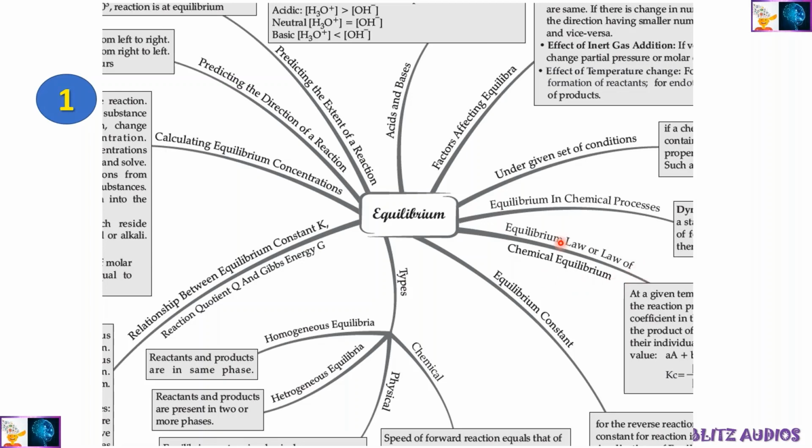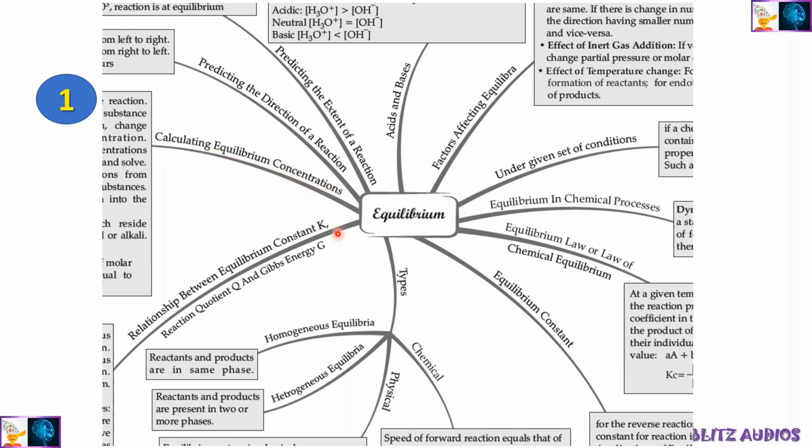After that, we will move on to the equilibrium constant. After that, we will hit the topics predicting the extent of a reaction and predicting the direction of a reaction. Then we will move forward to the practical based part, calculating equilibrium concentrations.